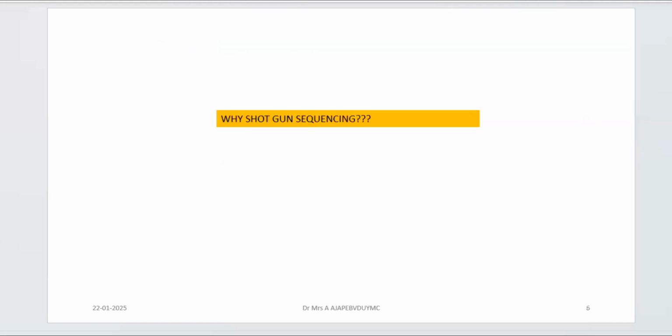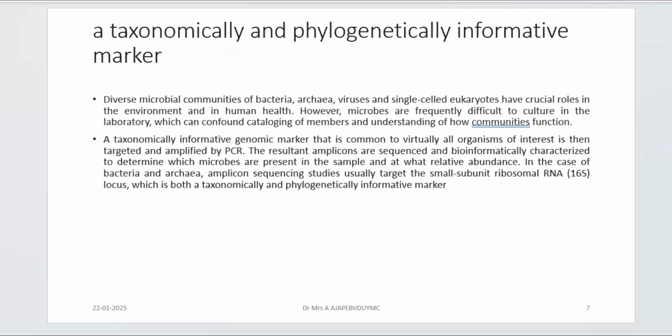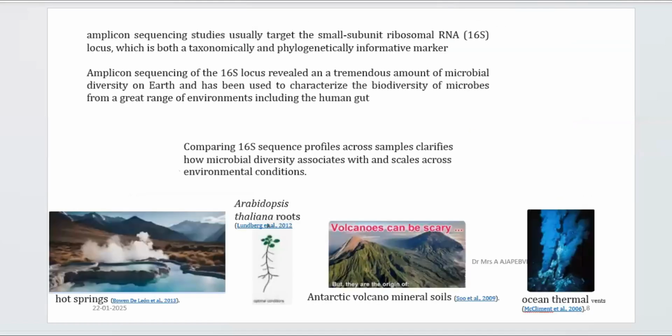Then the point was why shotgun sequencing and why not 16S rRNA sequencing. So taxonomically and phylogenetically informative marker if you can use, like 16S rRNA, then why go for shotgun sequencing? That is what we had talked. Then we had talked about, is it possible to correlate the bacteria present in such diverse environments and compare them?